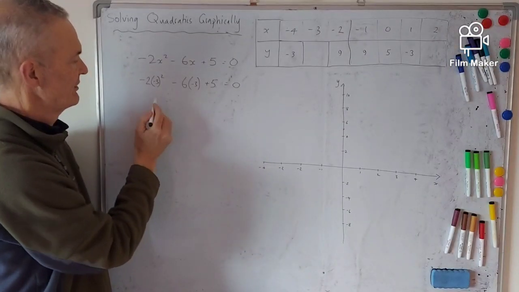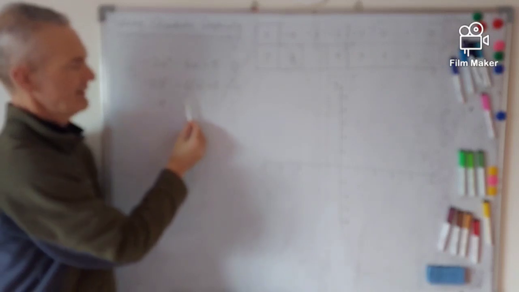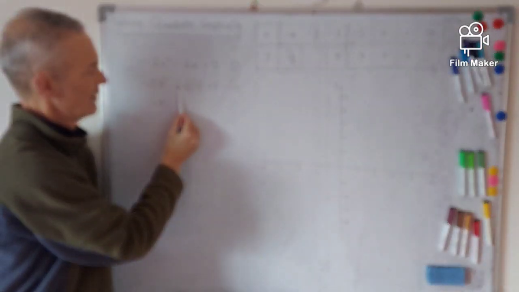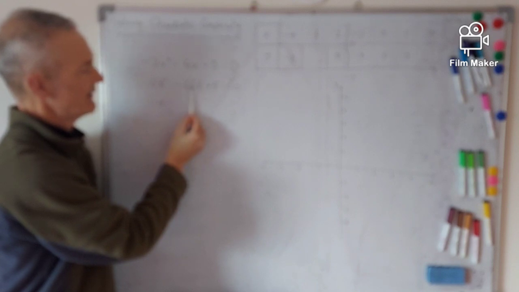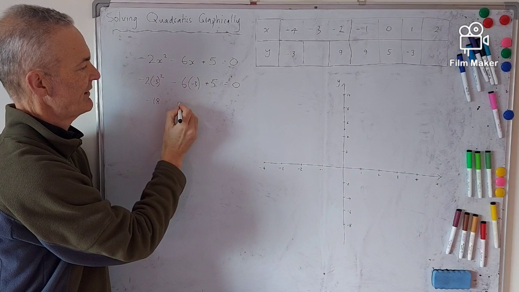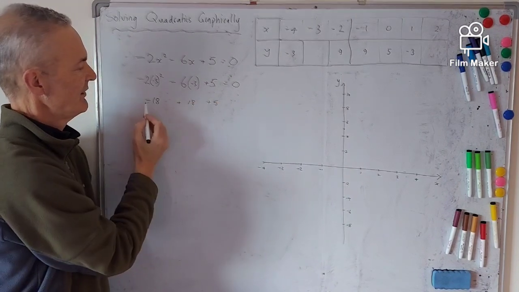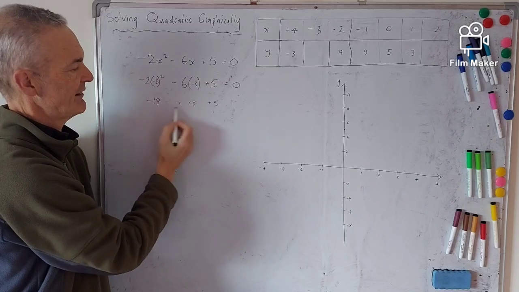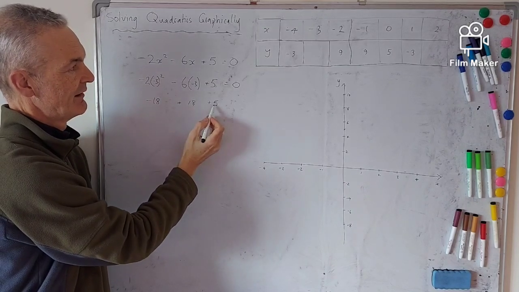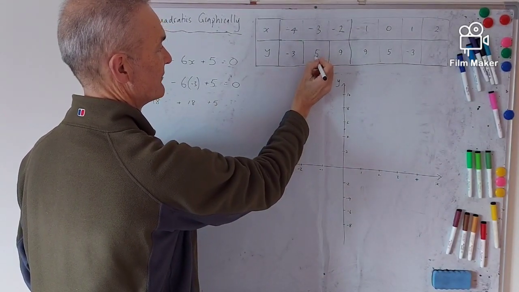Times -2 is going to give you -18. Now for the next term, we've got -6 times -3. So a minus times a minus is going to give us a positive. So that's going to be +18 plus 5. So you can see that these two cancel each other out, and we're just left with 5. So that's going to go in there.